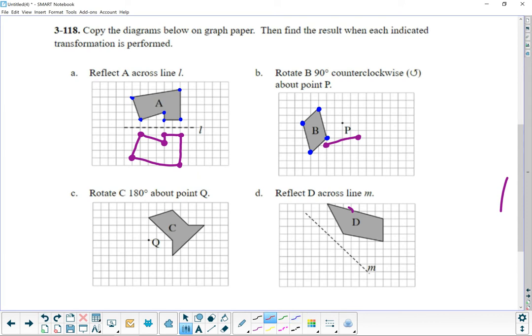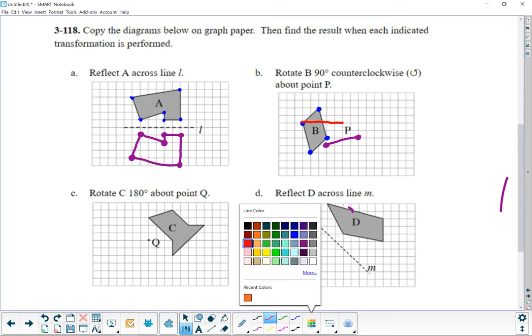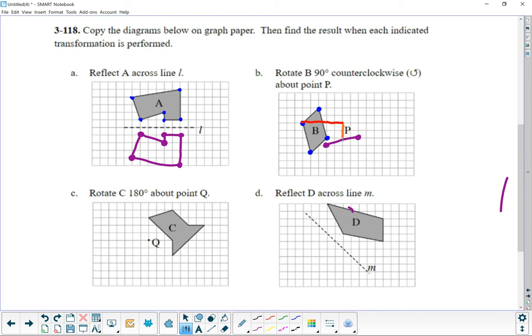Okay. This next one, it looks like from here, I'm going to go 1, 2, 3, 4, 5. So when I rotate it counterclockwise, it's going to go down. So it's going to be, and I'm going to put this in orange, 1, 2, 3, 4, 5.